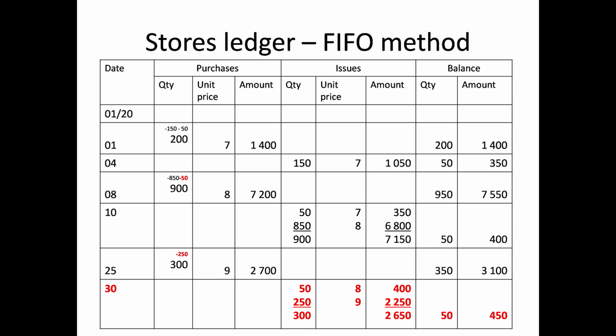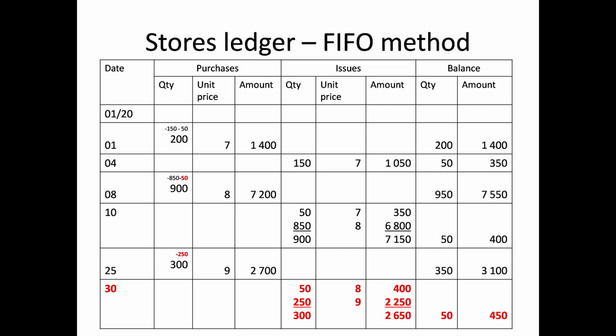Then go to the next purchase. 25th of January. You have purchased 300 units. Now from that you can easily issue 250 units. Under issue quantity you are writing 250.